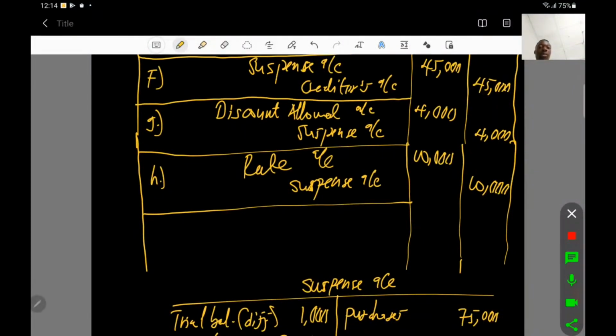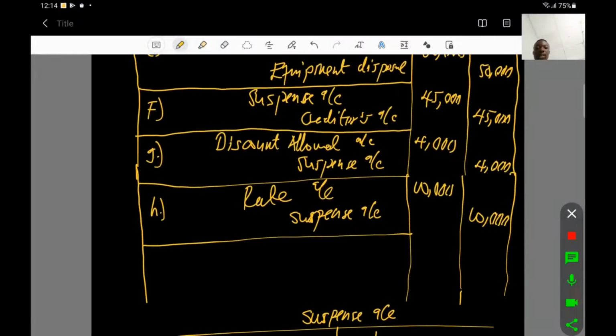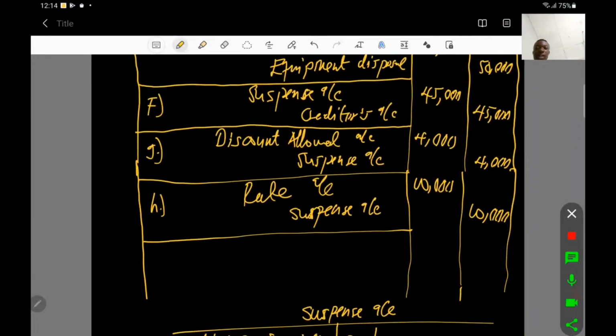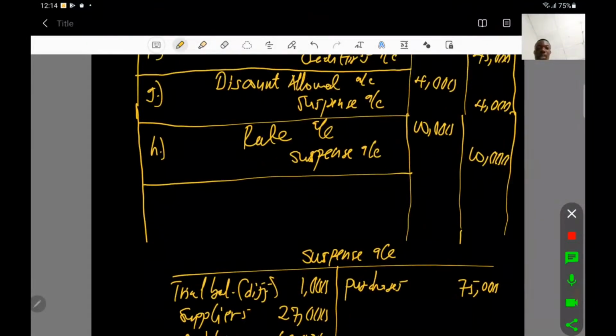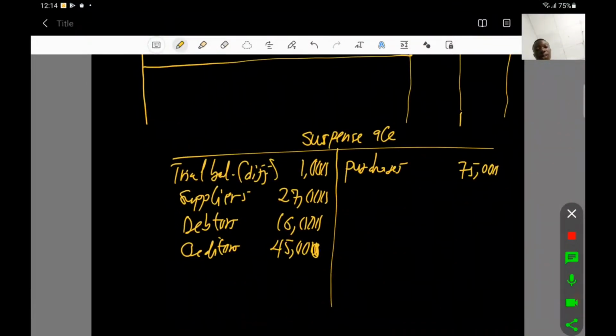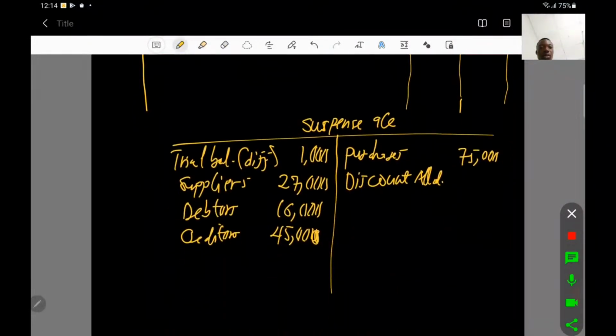So we're going to debit suspense in the name of creditors as 45,000. And then with transaction G, you also have a suspense, but on the credit side, in the name of discount allowed. So I can write here discount allowed, and the figure was 4,000. So just record 4,000.